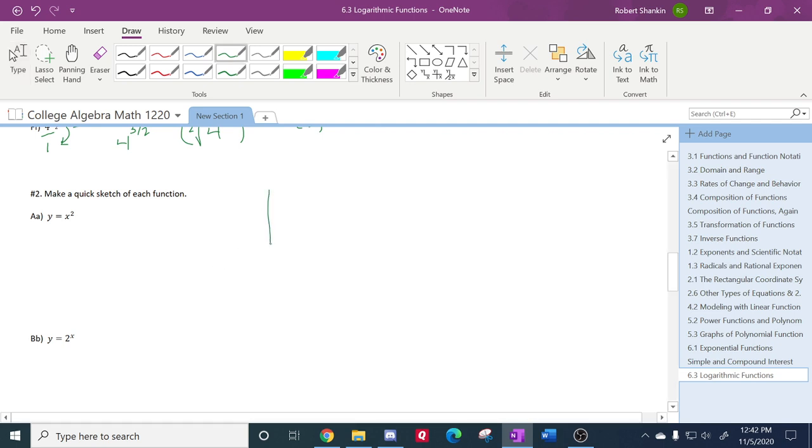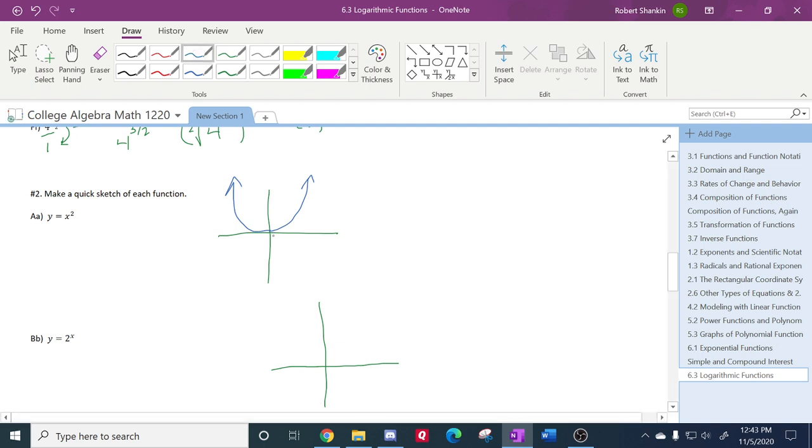So on A, we know this is our standard parabola. On B, a couple things are different about this.